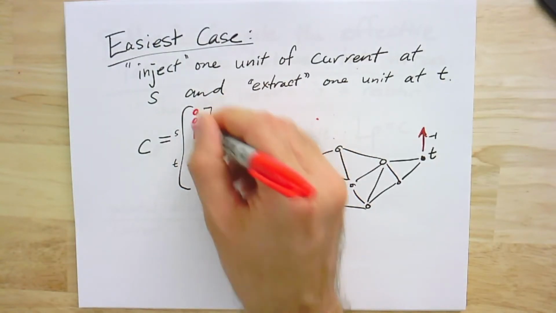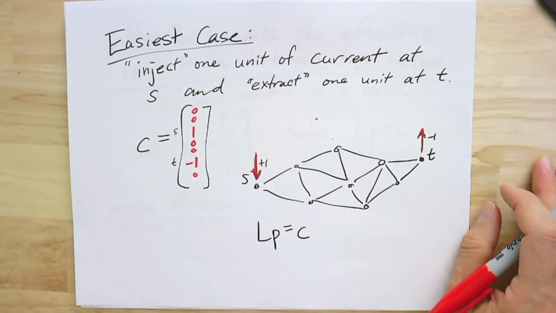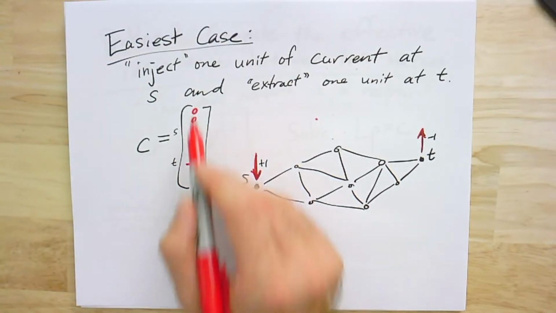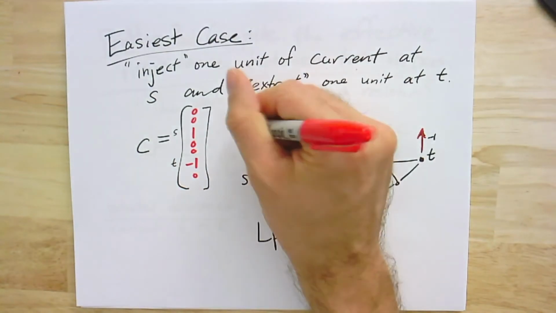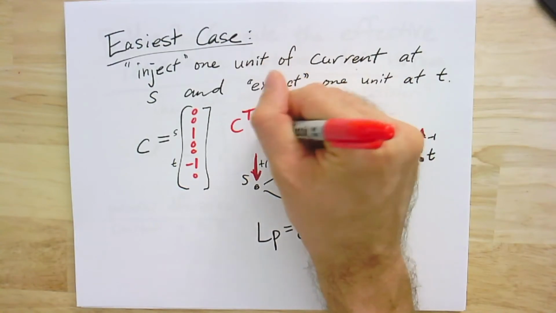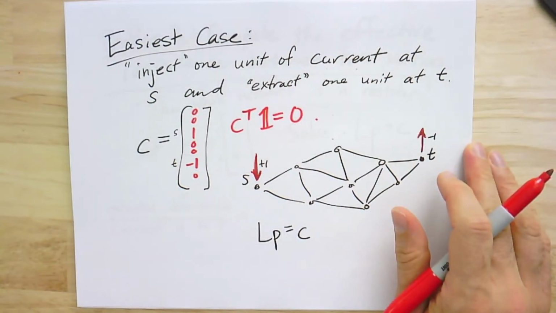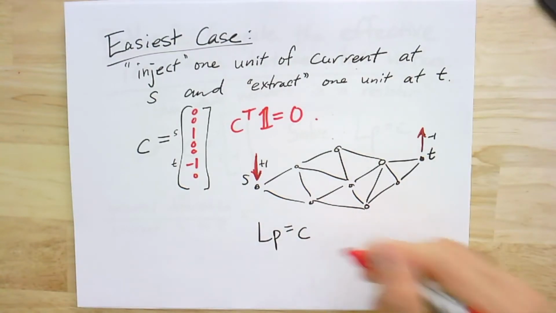I could put some zeros in here. Now this net current, if I add it up, I get 0. So it is the case that c transpose all ones is equal to 0. It's orthogonal to all ones. And so I expect to find a solution. So I would find Lp equals c.